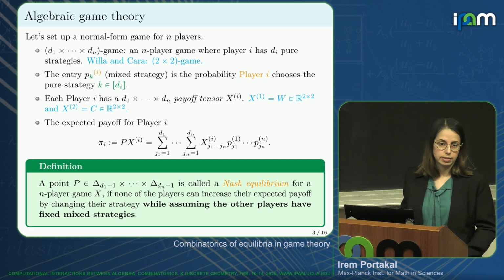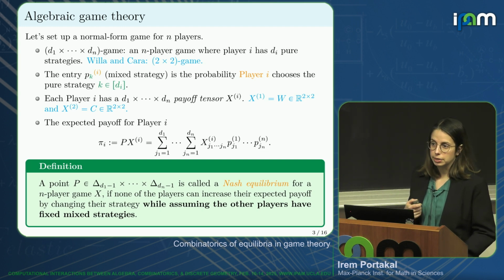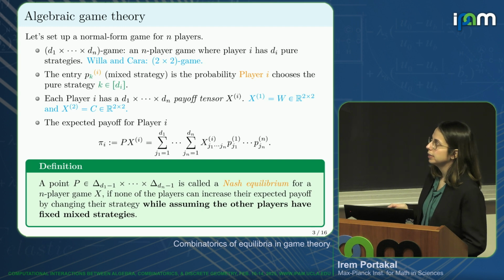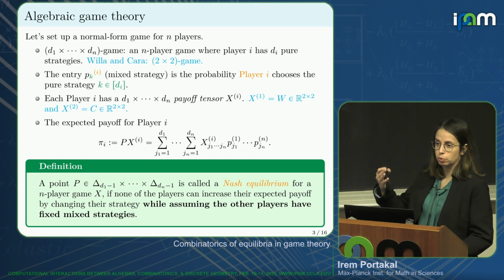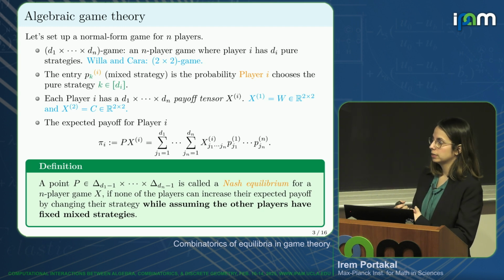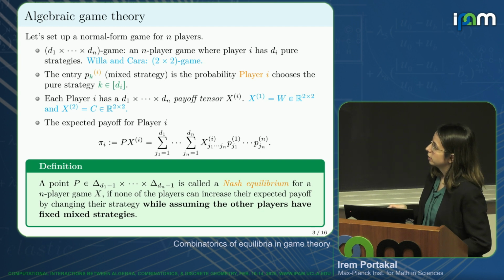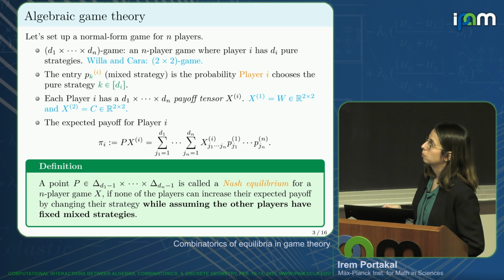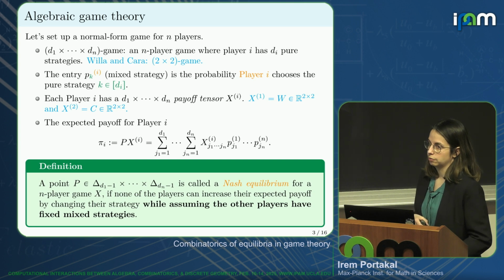We had the smallest example, a 2 times 2 game, the Ville and Kara game. We have, again, variables coming from the product of simplices. Each player gets a probability simplex encoding the mixed strategies. Here is my notation again, pk to the i: that's the probability that player i chooses the pure strategy k from the given strategy set, from 1 to di.